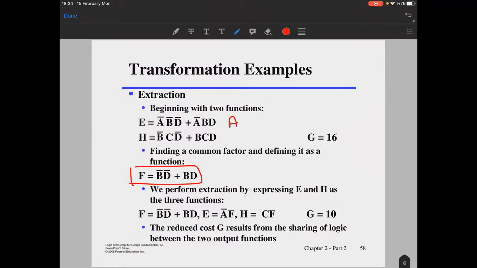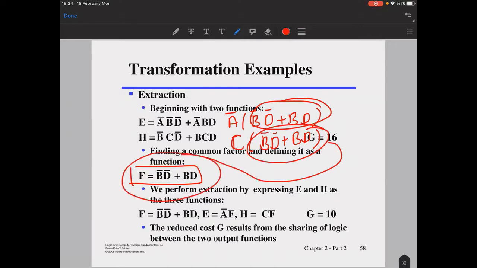You take a naught parenthesis here, b naught, d naught plus bd, and you have here c parenthesis, naught d naught plus bd, right? You write this like this first, and you define this as a new function, and now it becomes like this. You don't need to build this part twice now. Building it only once is enough. You just put a wire out for the other function.